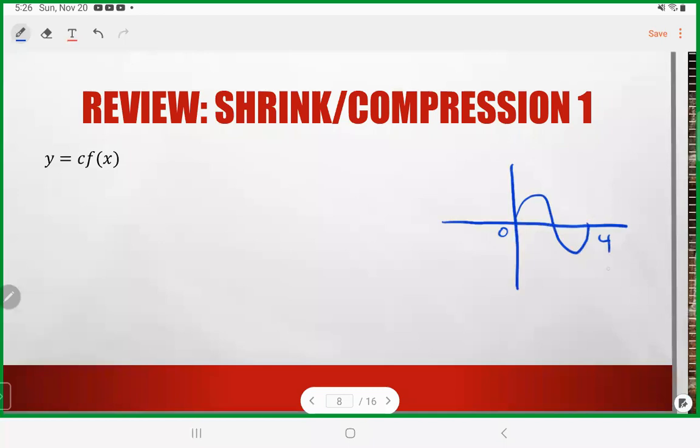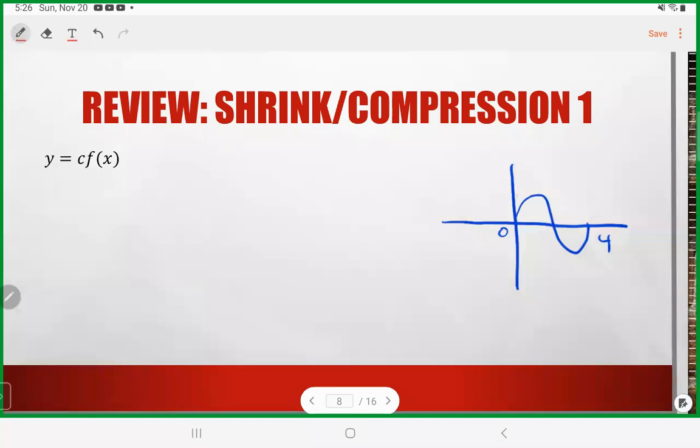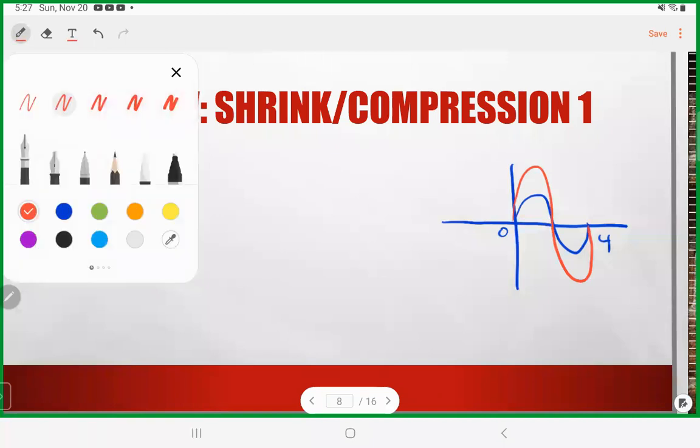This is our example graph. So when you multiply c to it, if c is greater than 1, for example, you will have 2f of x, and it would stretch the graph, something like that.